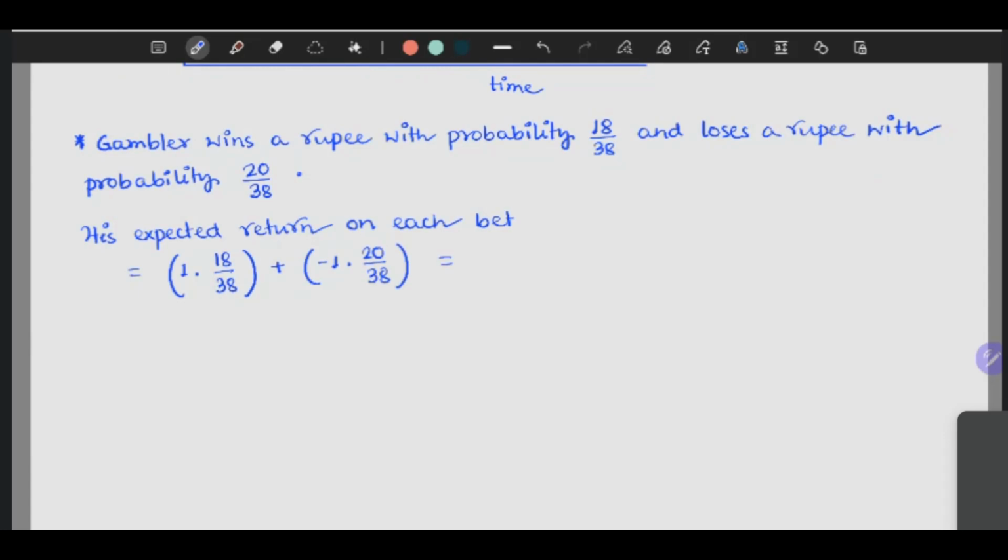Now if you do that, then it becomes minus 2 by 38. That means it's losing money. That means minus 1 by 19. So the net loss is very small, but it has a drift in that thing, right?